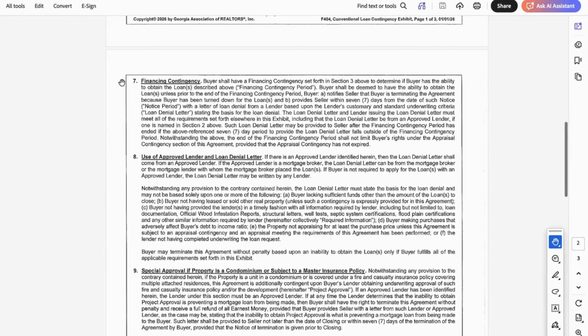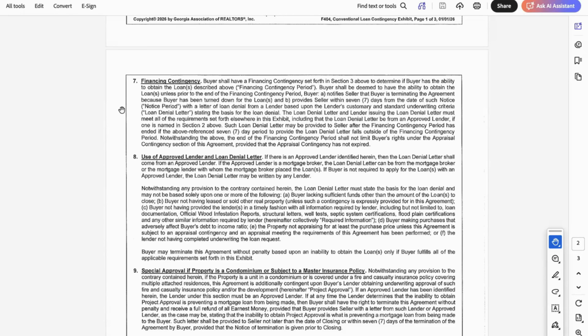7. Financing contingency. Buyer is considered approved unless both occur before the deadline: buyer sends written notice of termination due to denial, and buyer provides a loan denial letter within 7 days of that notice.